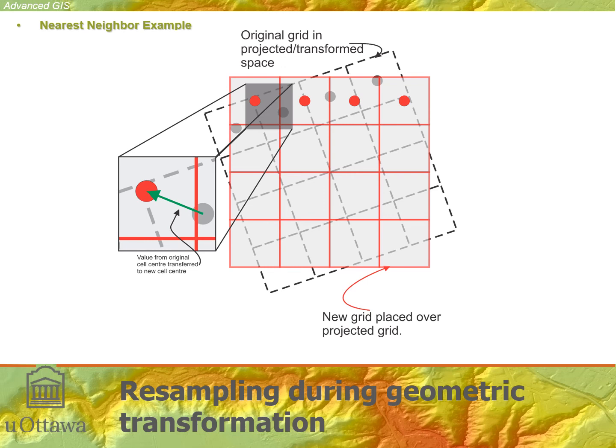And then we look at each cell. So here's the first cell center. And we see, okay, which of the other cells surrounding that, which cell center is closest? And that's just showing that here, that, okay, that cell center was closest. So whatever the attribute is of that cell center will be transferred to this new cell center here. So it's an alternative way of viewing the resampling process.